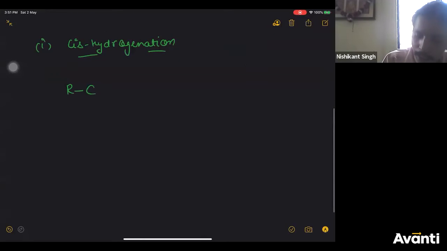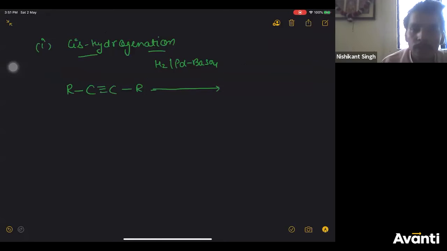Basically, if you take alkyne and treat it with any of the following: H2, Pd-BaSO4. Okay, this is what you can use.